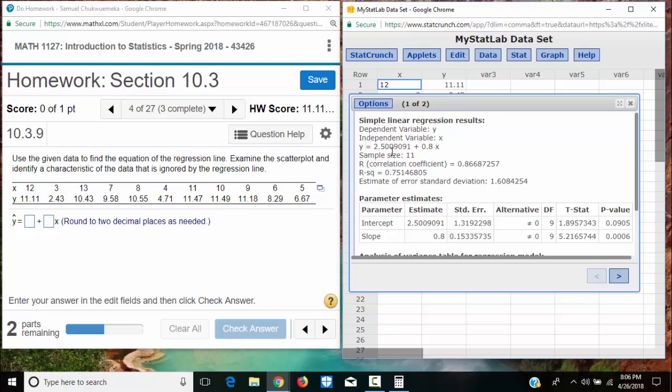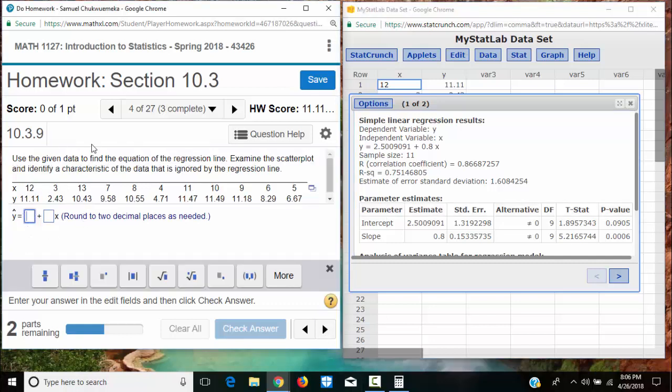So it doesn't matter if you say y equal to b plus mx or y equal to mx plus b, it's the same thing. That is the way your textbook wants it. Round to 2 decimal places as needed. So this is 2.5 for the y-intercept and 0.8 for the slope.